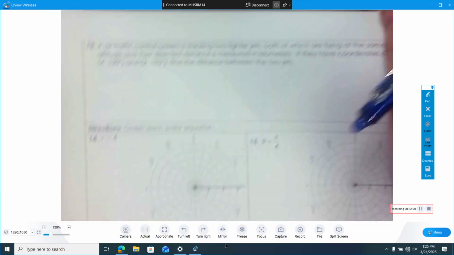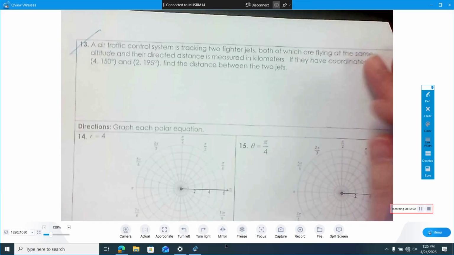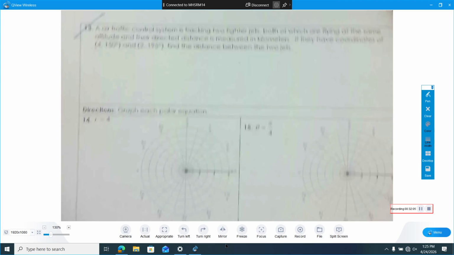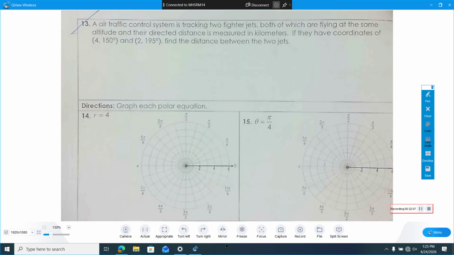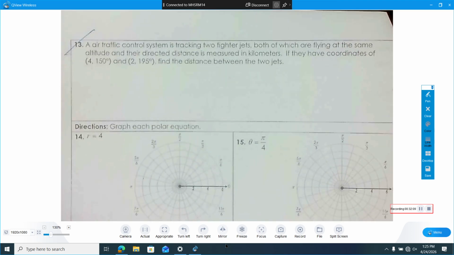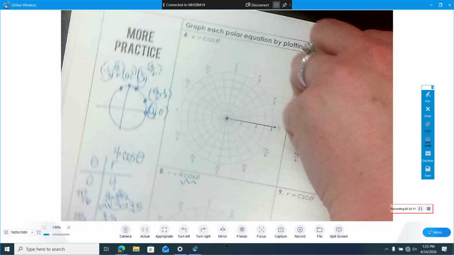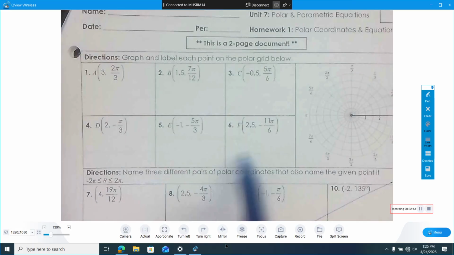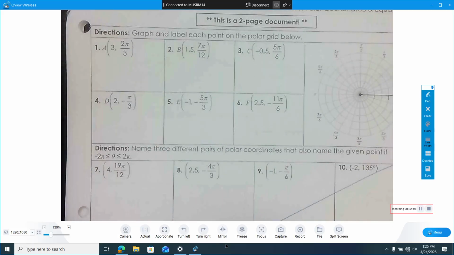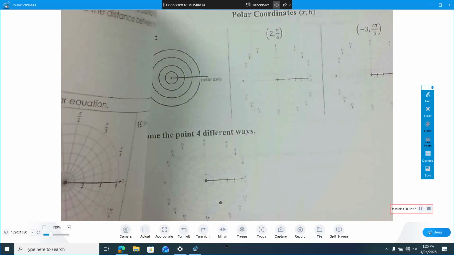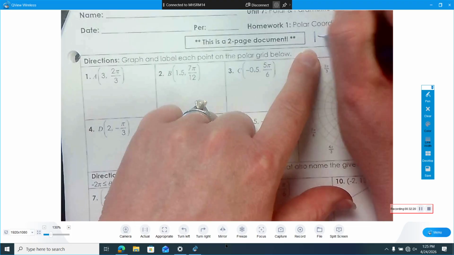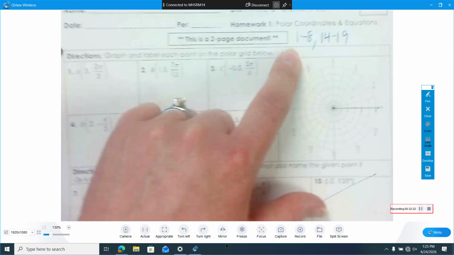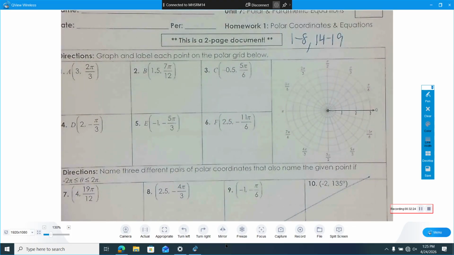And number 13. And you can do the back side. 14 through 19 is fine. You're doing 1 through 8 and 14 through 19. That's what your assignment is. Okay.